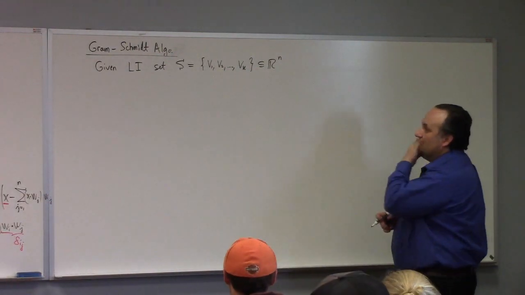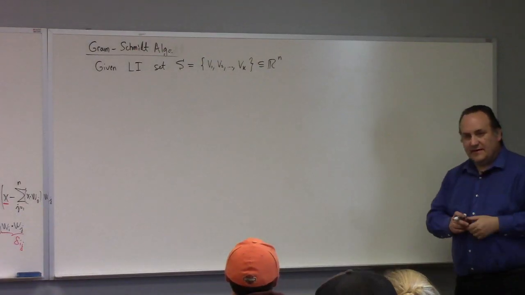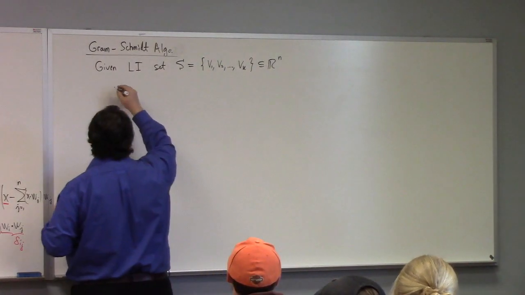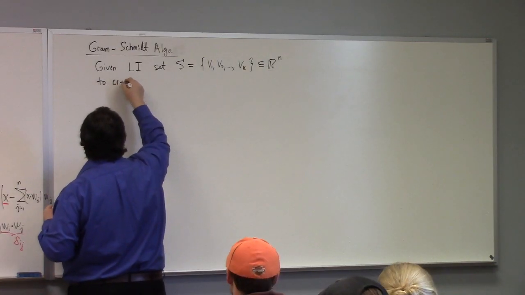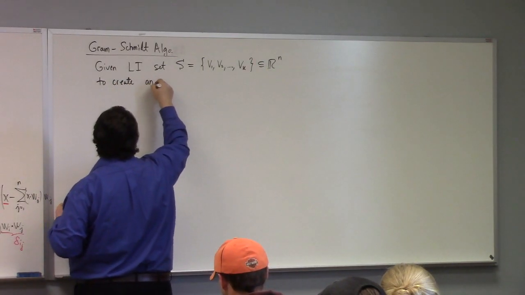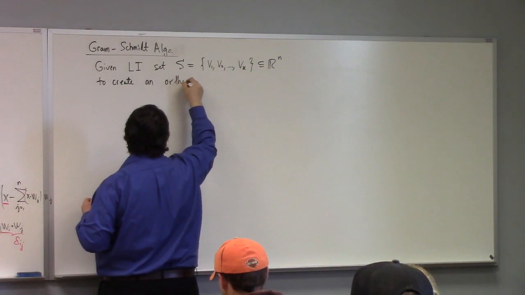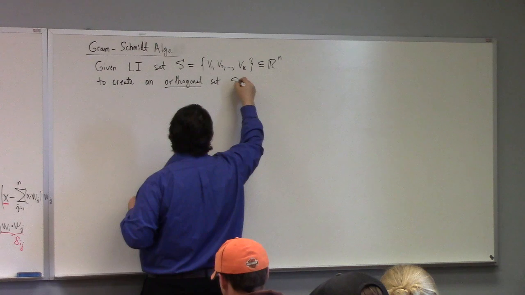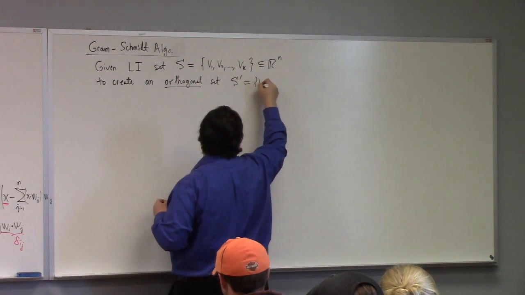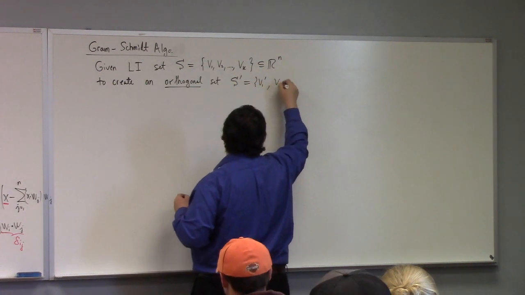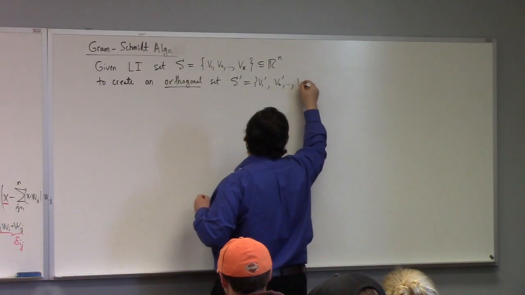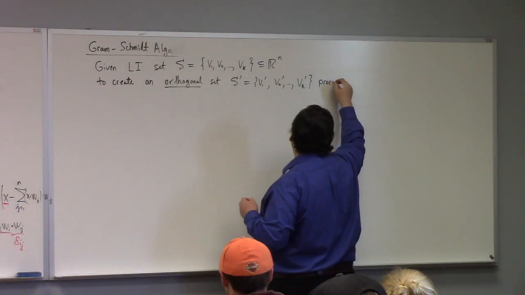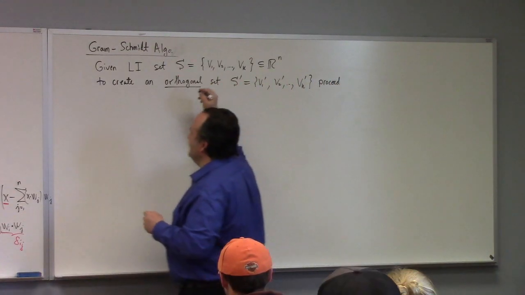Anyway, so this is a linearly independent set. So the Gram-Schmidt algorithm says to create an orthogonal set, let's call it S prime, V1 prime, V2 prime, Vk prime, proceed as follows.